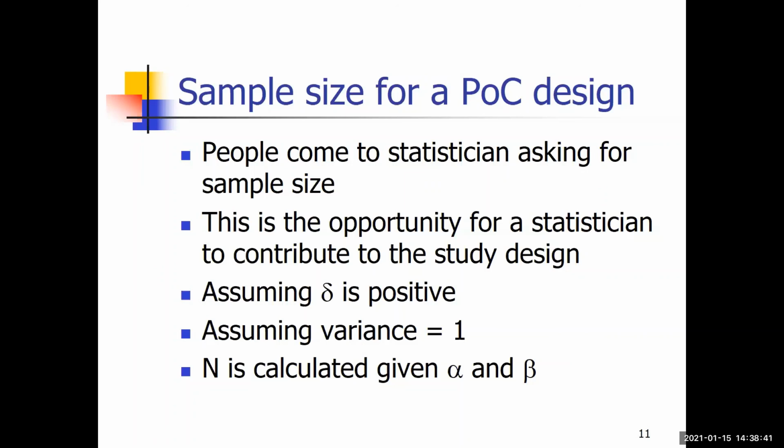So here, if the test drug provide more FEV1, now delta is positive. So delta is the difference between test drug and placebo. So your test drug mean subtract the placebo mean is a positive number. All right. So in the later illustration, I'm going to use these assumptions. Assuming delta is positive and assuming variance equal 1.